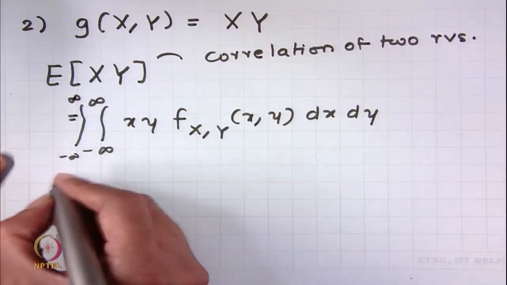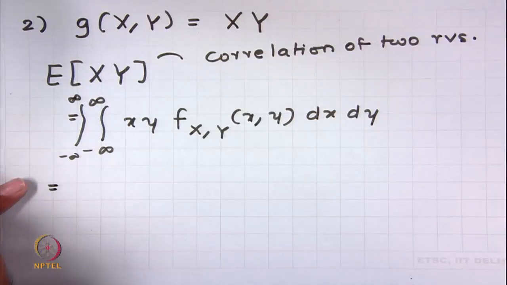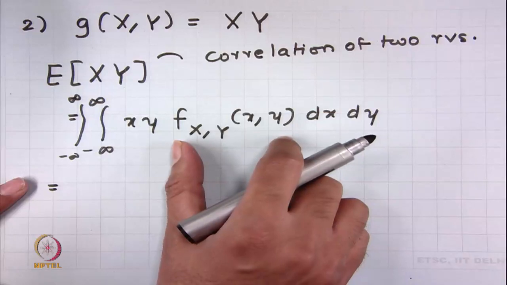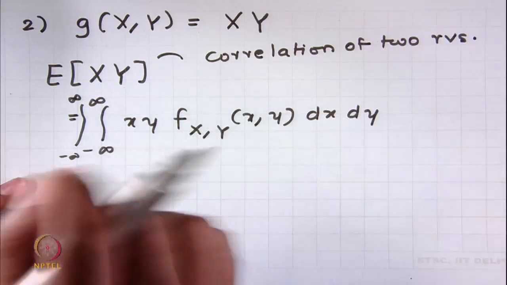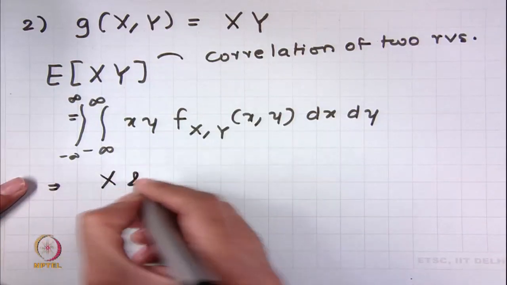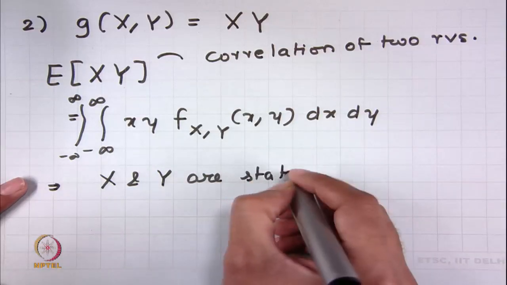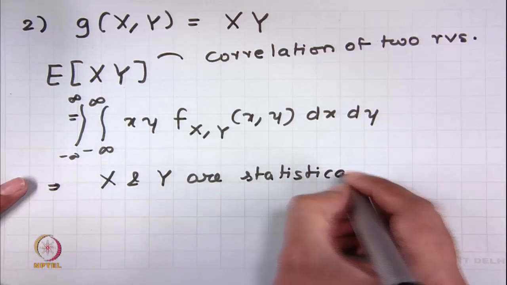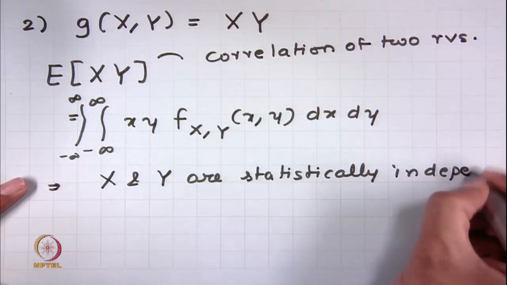And again changing the order of integration, but before doing that let me assume that these two random variables are statistically independent. Let me make an assumption that x and y are statistically independent, and let us see if something interesting happens.